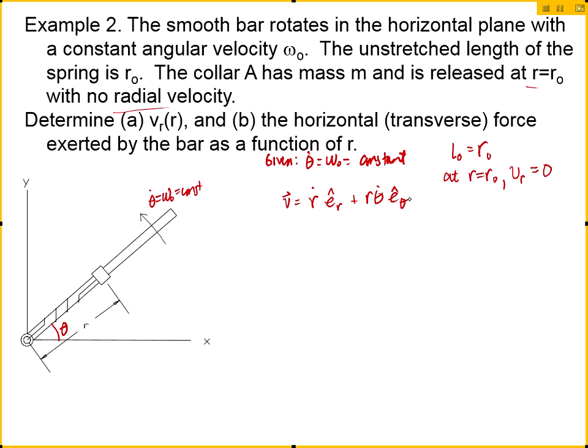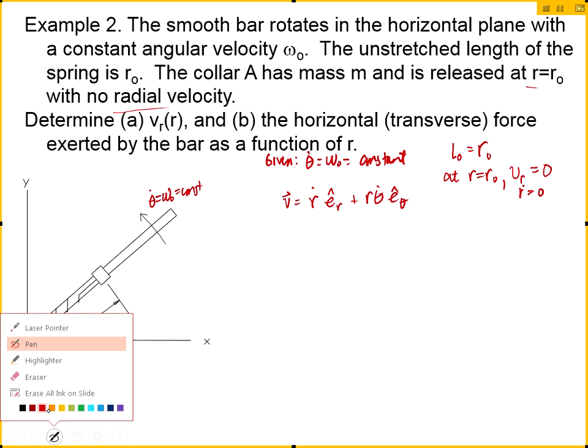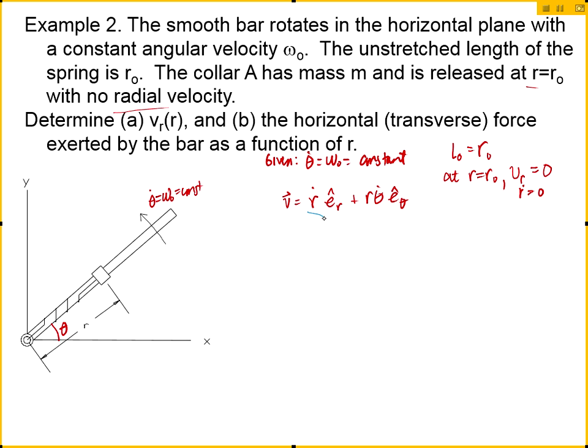So when it says the radial component of velocity is 0, which one is it talking about? The r dot. Hopefully at this point you realize this is the radial component and this here is the transverse component. The radial component is 0. The transverse component, of course, is not 0, because r is not 0 and theta dot is not 0. It's constant at omega naught.